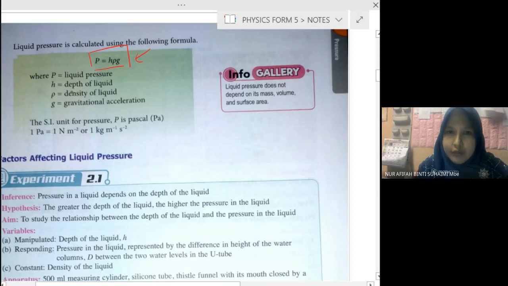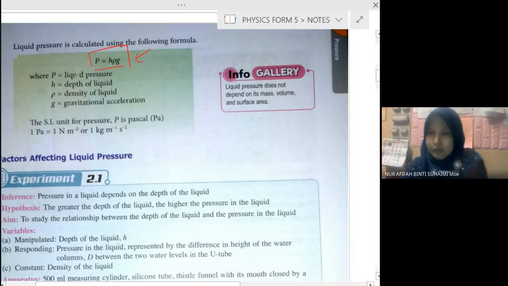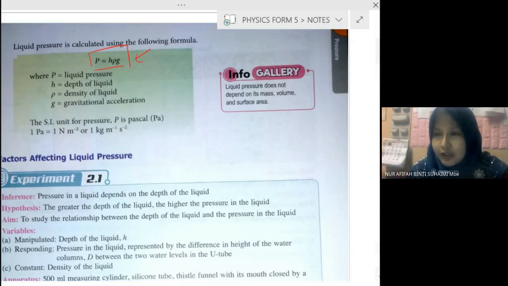If the question asks you the definition of pressure in liquid, you can state the formula and then define the terms. If you cannot remember the statement, tak boleh ingat maksud dia yang dalam ayat tu, so you boleh buat dalam formula.